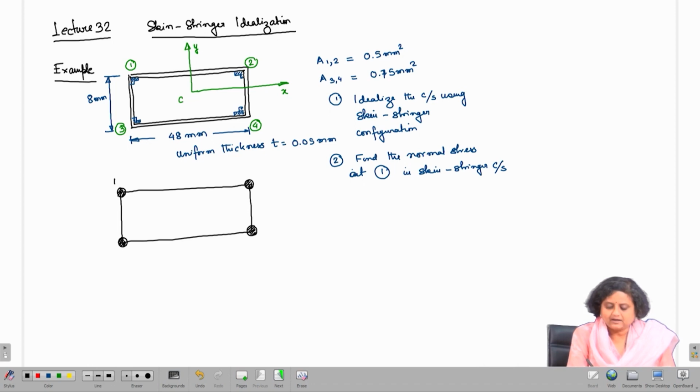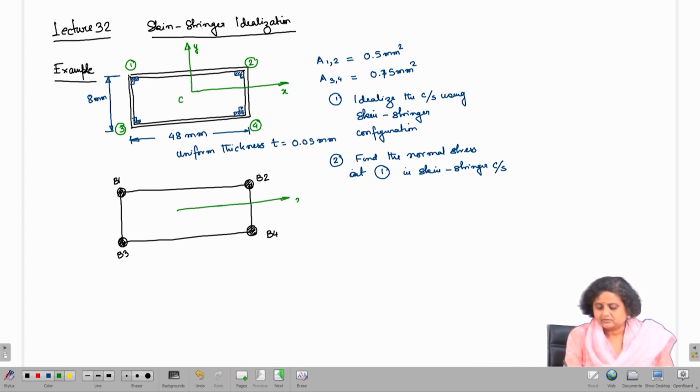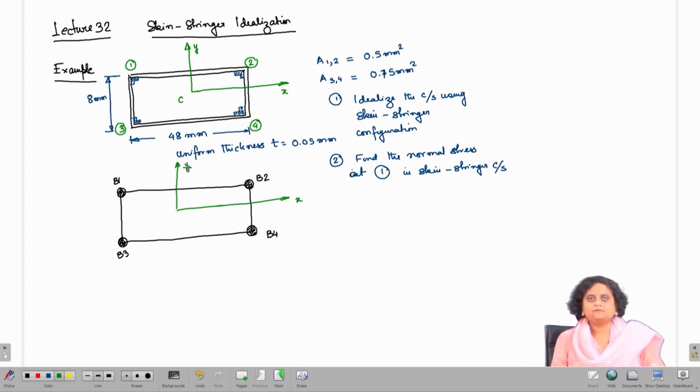Let the area of boom at 1 be B1, the area of boom at 2 be B2, this is B3 and this is B4. Let me draw the XY axis. This is the X axis and this is the Y axis. Now, since the area of the top 2 stringers is different from the area of the bottom 2 stringers, there would be an asymmetry in the cross section about the X axis.